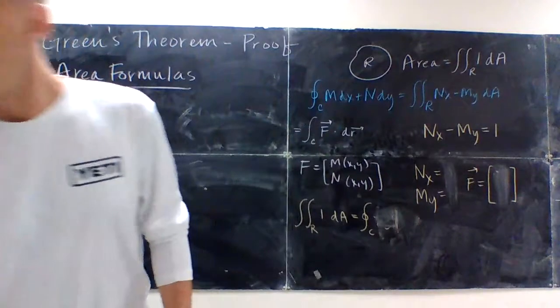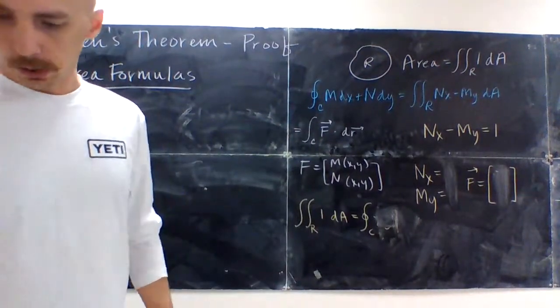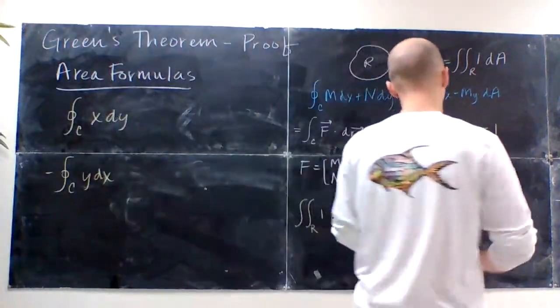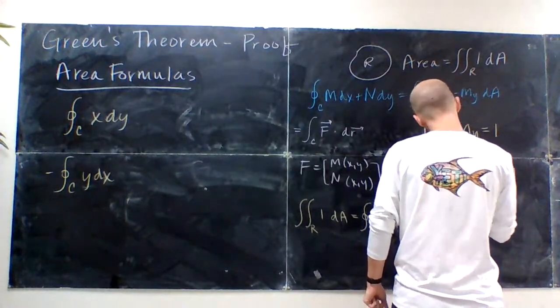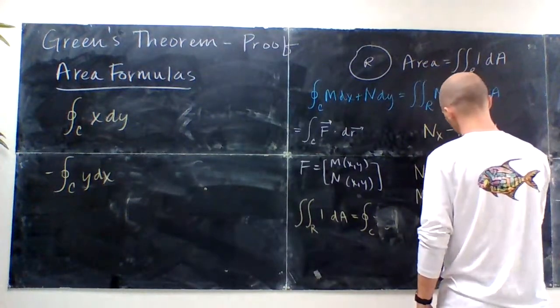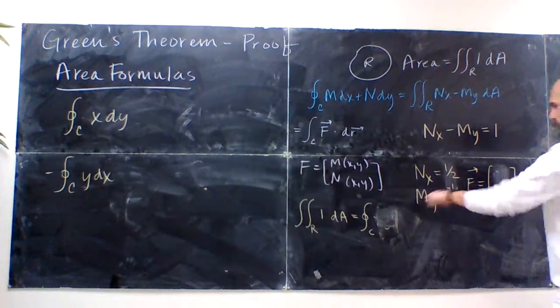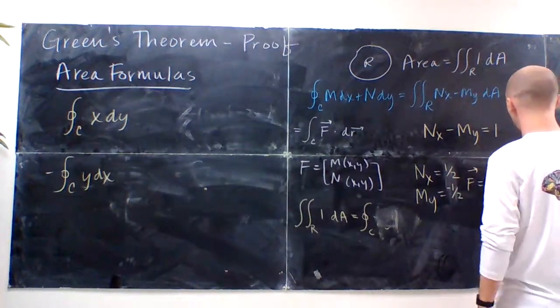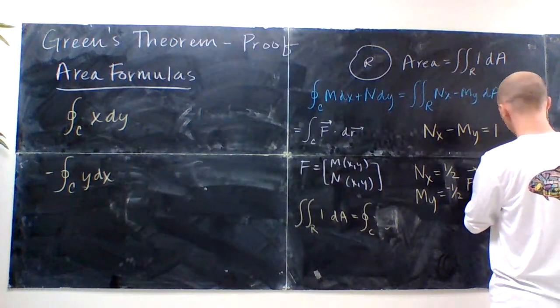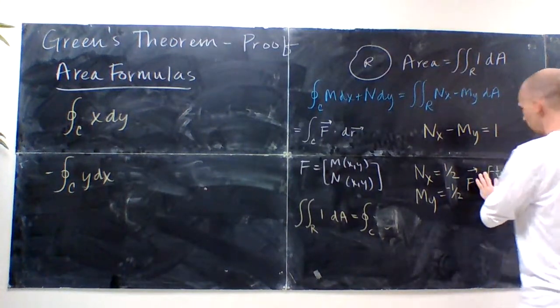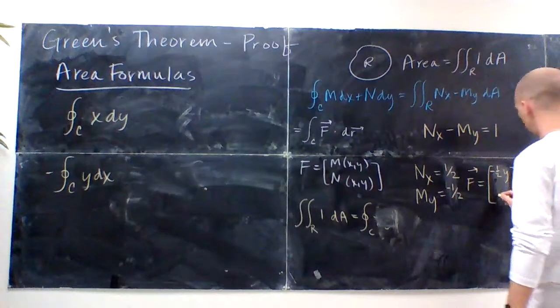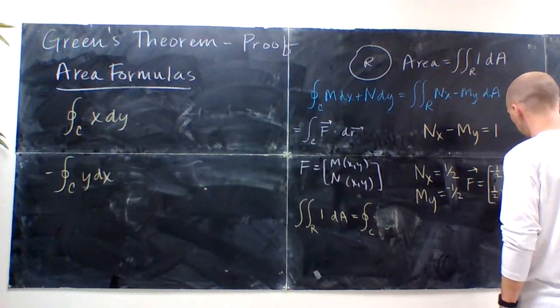All right, so what if it was kind of half and half? What if I wanted n_x to be a half? Then I would need this one to be negative half. So the partial of m with respect to y is going to be negative 1/2, so I think it would be negative 1/2 y. And then the partial of n with respect to x is going to be a half, so I'll just do a half of x.